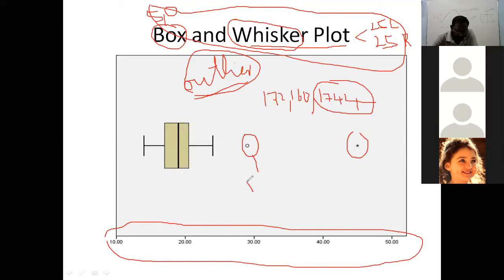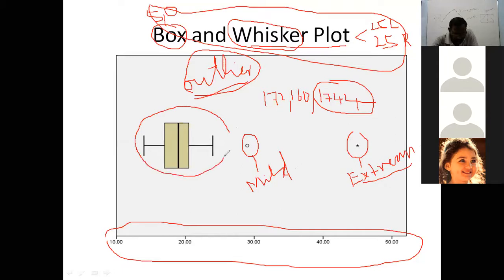This is how we indicate the outliers. This is called mild, M-I-L-D, mild outlier. This is called extreme outlier. Mild outlier means it is much closer to the box and Whisker plot.